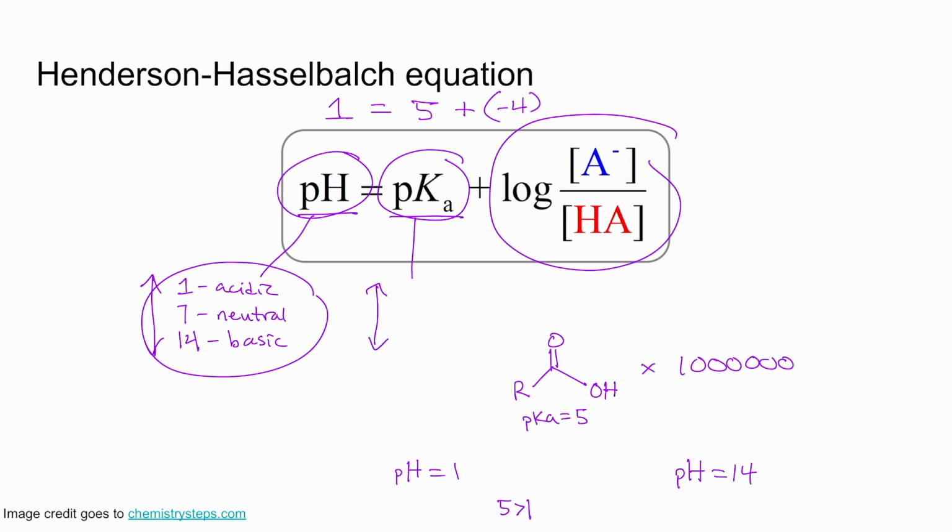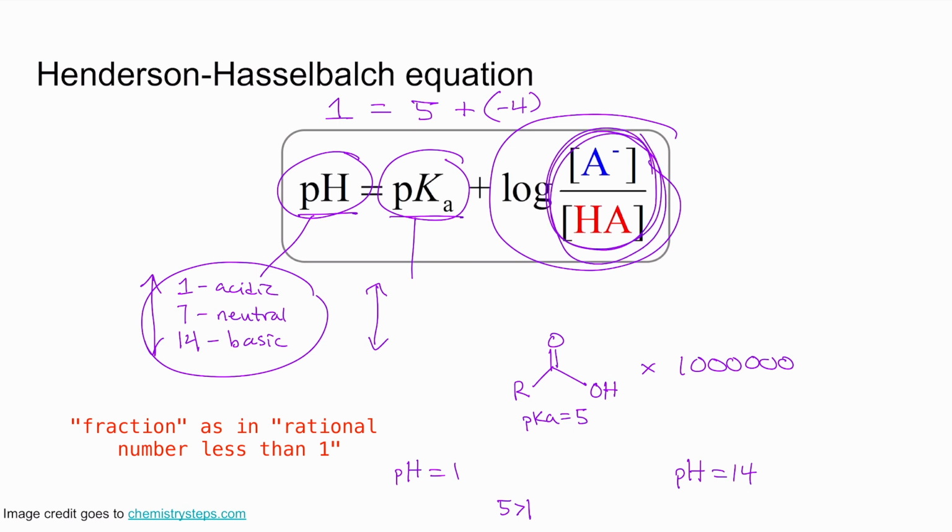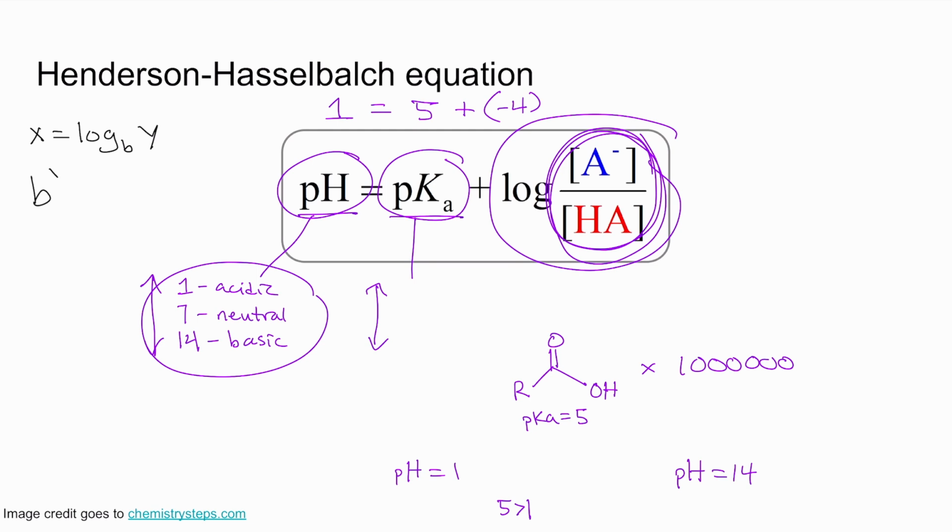When the result of a log is negative, that means there was a fraction given here into the log. As a quick review of logs, let's say we have x equals log base b of y. This expression can be rewritten as b to the x power equals y.